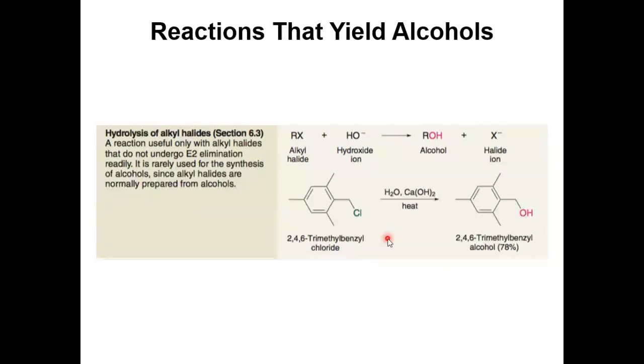And also alcohol can be prepared from alkyl halide by hydrolysis. Depending on what kind of alkyl halide we have, if it's a primary alkyl halide, it could be an SN2 reaction. If it's a tertiary alkyl halide reacting with water to give you alcohol, what kind of reaction will it be, mechanism-wise?